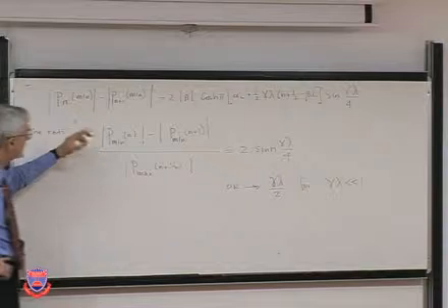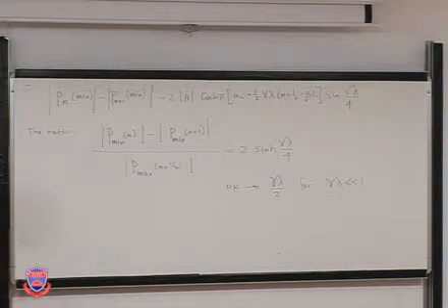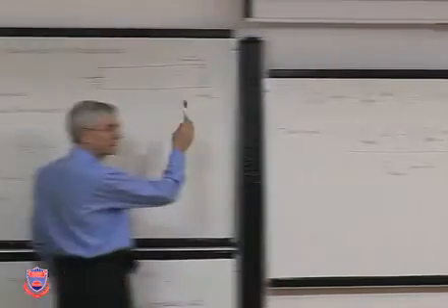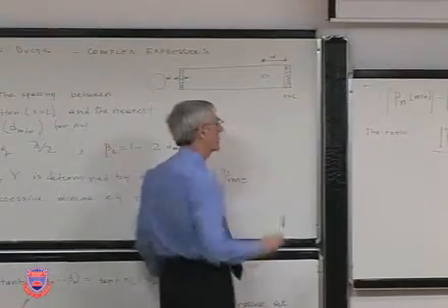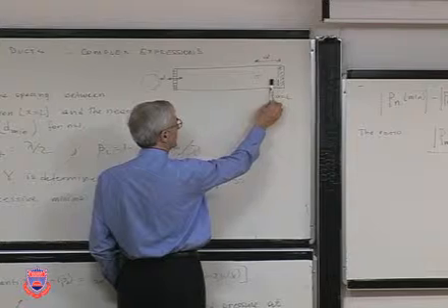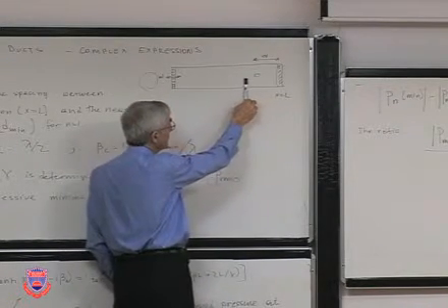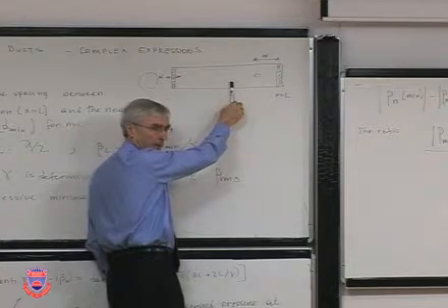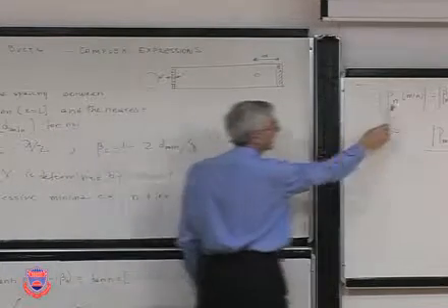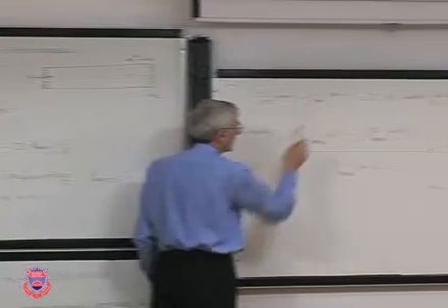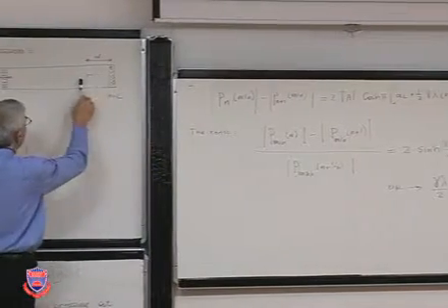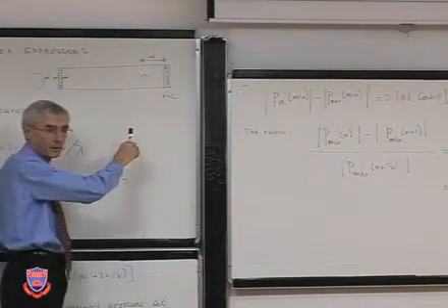Okay. What we're doing is we're taking a microphone, we're moving it, we find a minimum value, and we keep on moving, we find the second minimum, the first minimum and the second minimum. And in between, there's a maximum value.